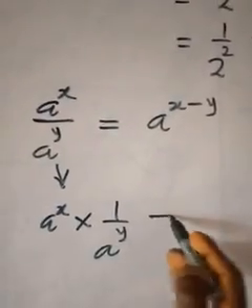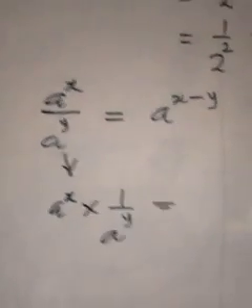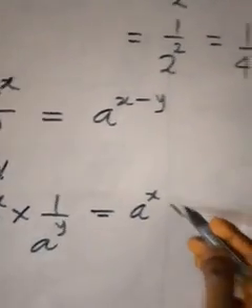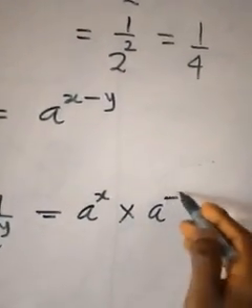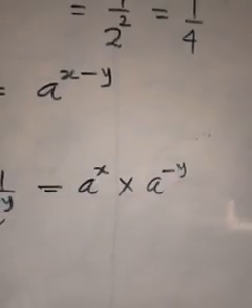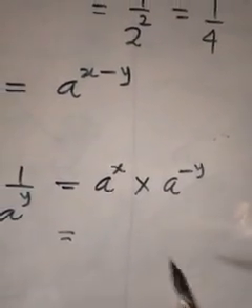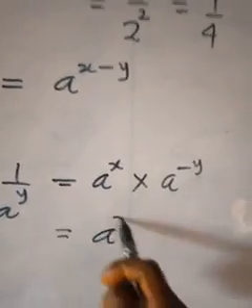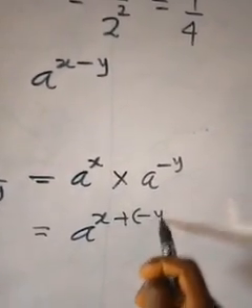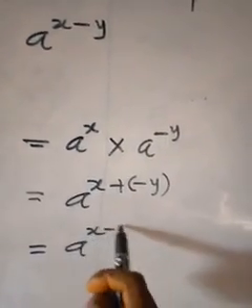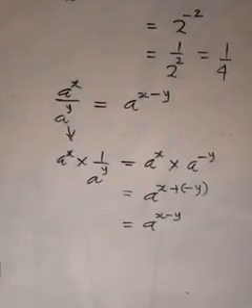And this is equivalent to, if you go back to the second law, a raised to the power x multiplied by a raised to the power minus y. By the time we now get the addition, since it is a product of the same base, we have a raised to the power x plus minus y. That will give us a raised to the power x minus y. So this is also equivalent to the fifth law.